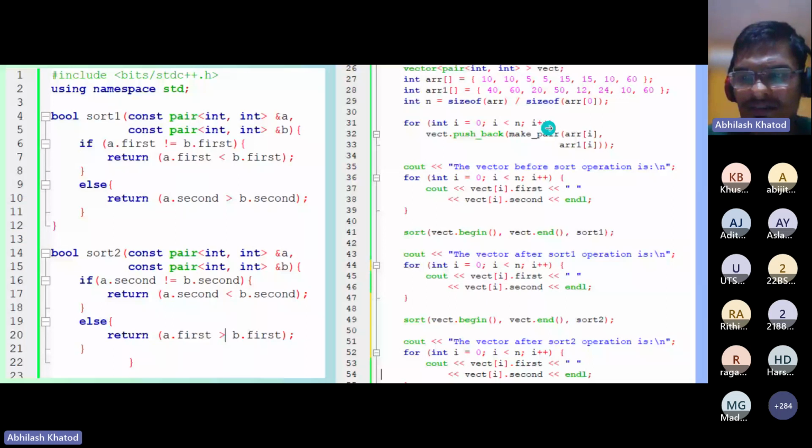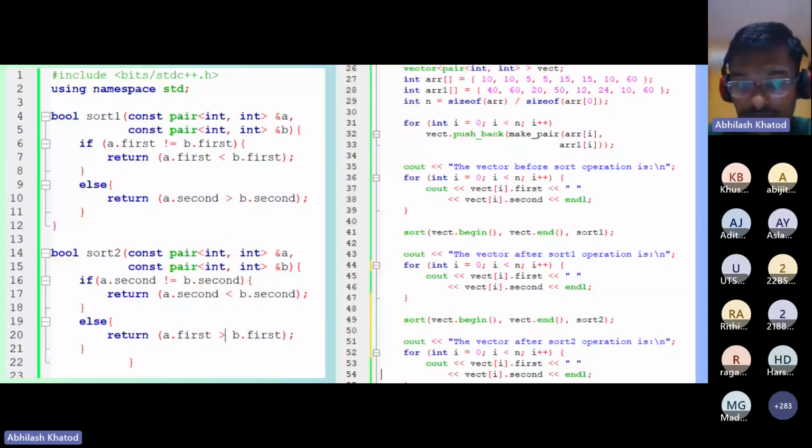Let's just take an example: 5 20 and 5 50. Are the first elements of both pairs common? Yes, of course, both are 5. So it will go to the else part. Else, it will return a dot second is greater than b dot second, which means the second value of the first pair, that is 20, is greater than the second value of the second pair, that is 50.